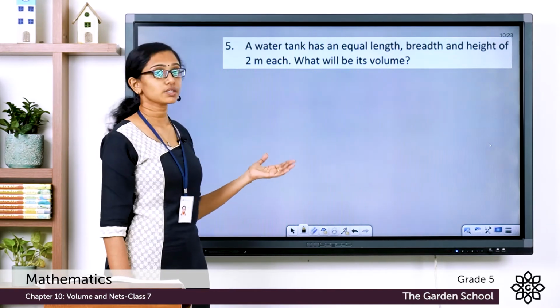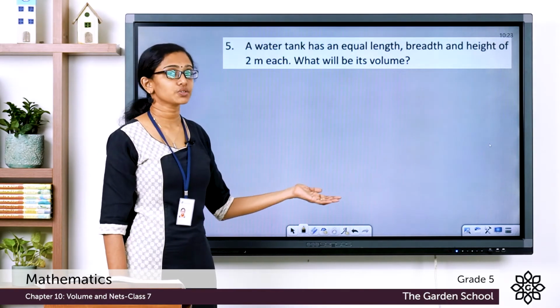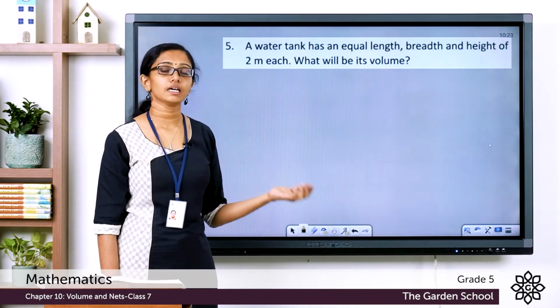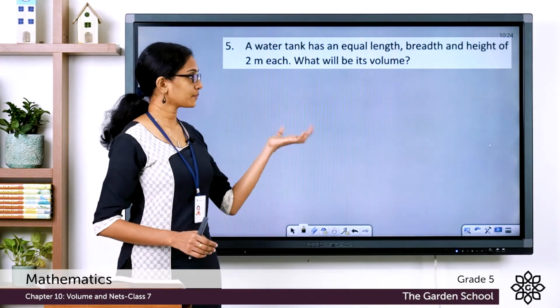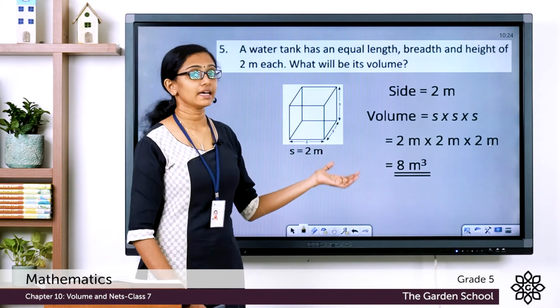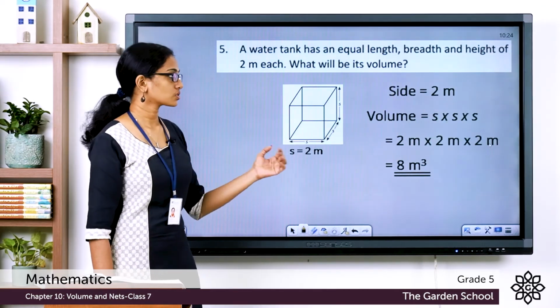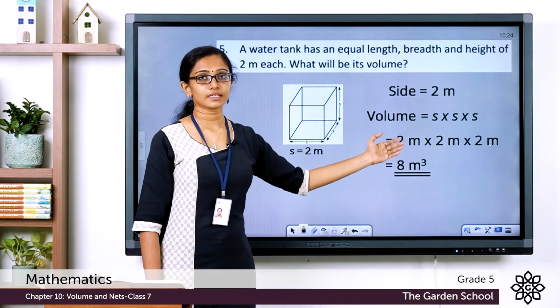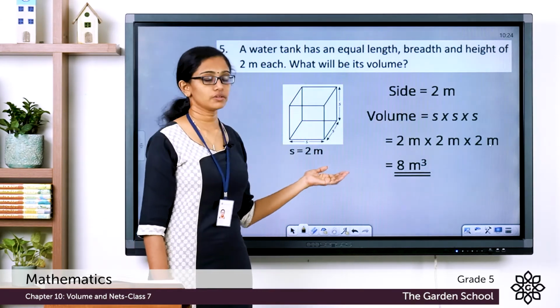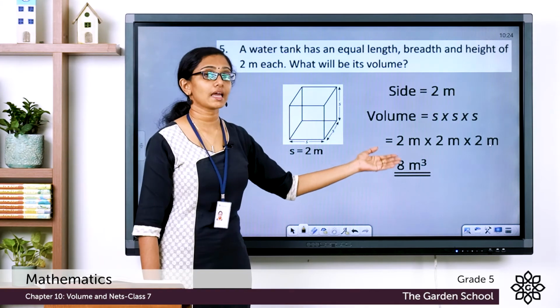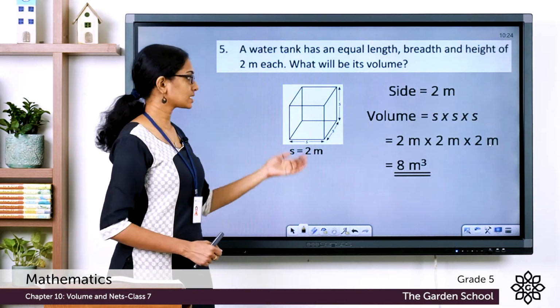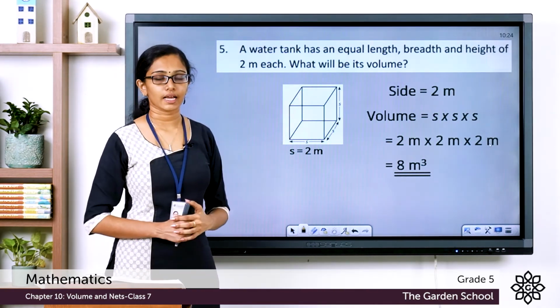So, the sides of the water tank has a dimension of 2 meter each. So, by formula, the volume of this is equal to S into S into S and S is 2 meter here. So, it is 2 meter into 2 meter into 2 meter, which is equal to 8 meter cube or 8 cubic meters. So, that is the volume of this water tank.